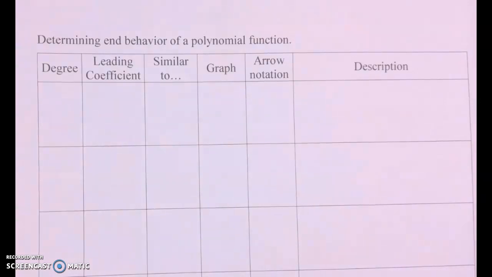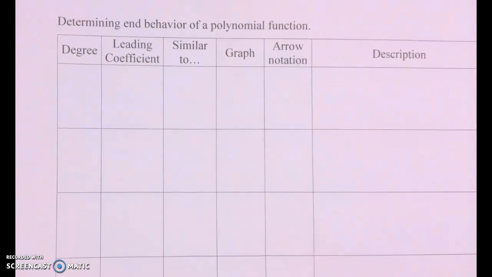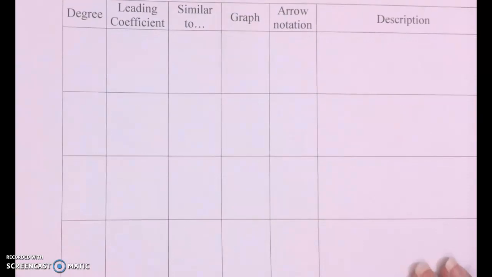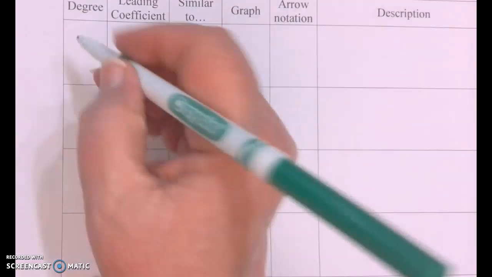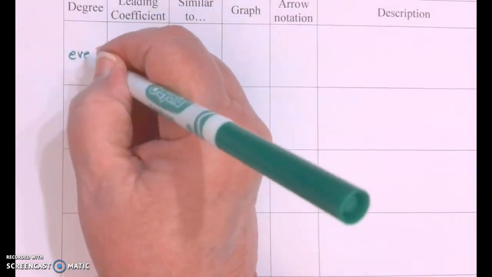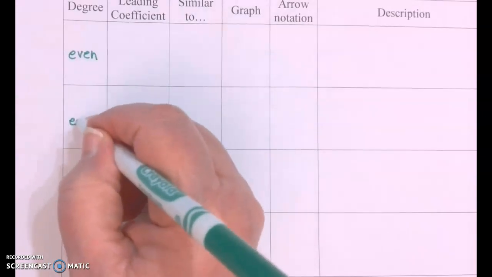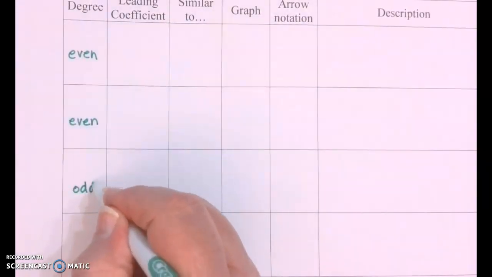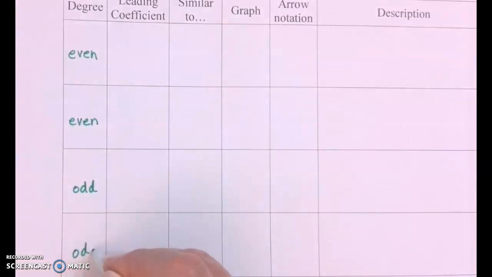So let's say we have a function, and we have 4 cases here. We can have an even degree, there's 2 of those, or we can have an odd degree. So there's 2 of each, because depending on what the leading coefficient is of each polynomial, that will change its behavior.